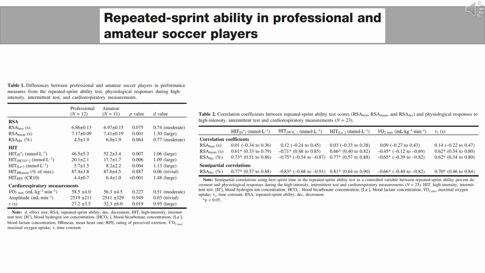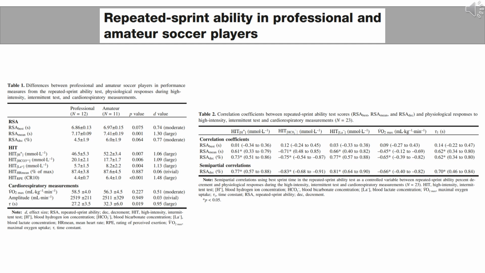And if we then translate that back to VO2 max, we can see that's because they've got a moderately better VO2 max score. So unsurprisingly, with a better VO2 max, provides professionals with a better ability to recover in between repeated sprint bouts, which enables them to achieve better scores, both from best mean and percentage decrement. So we've got a protocol or a test measure in repeated sprinting that is able to discriminate between playing levels, which is useful.